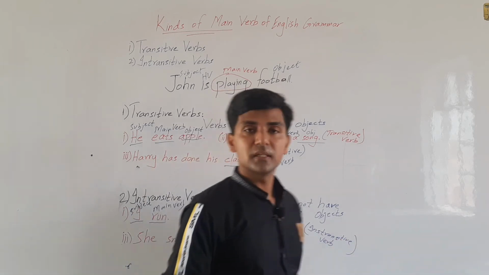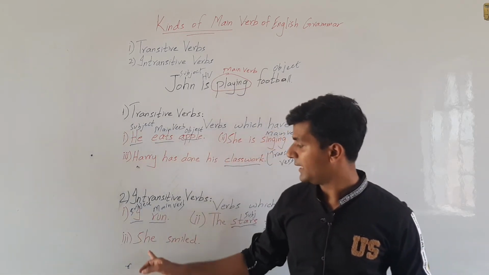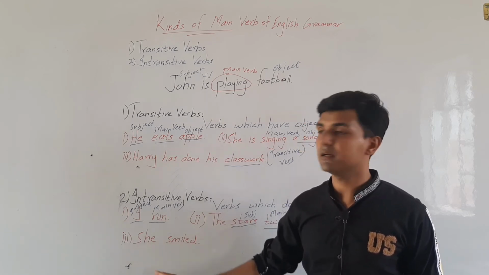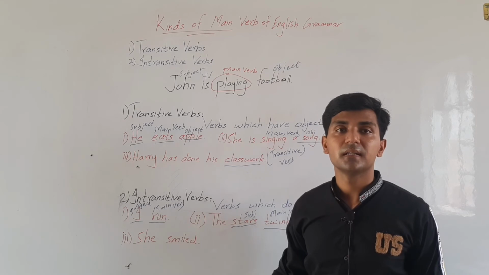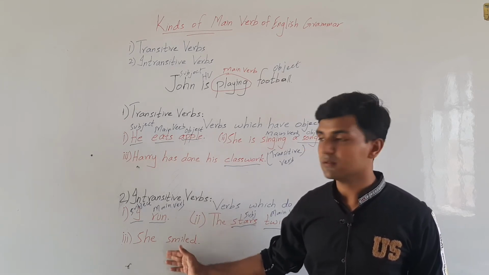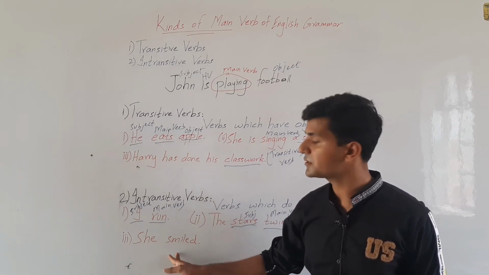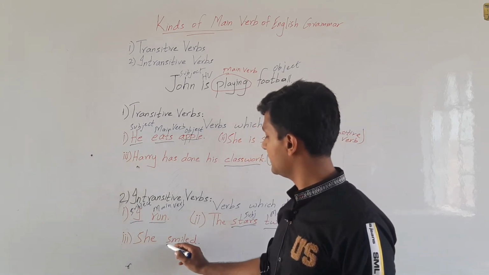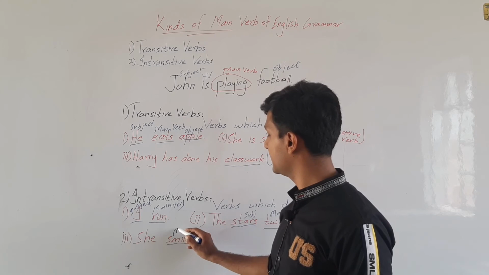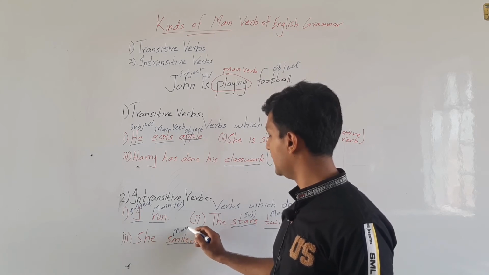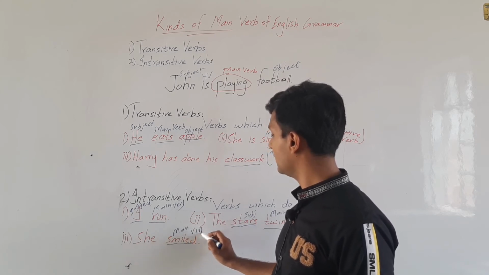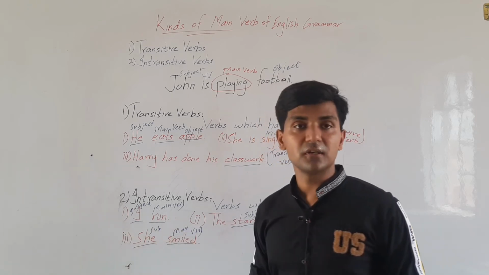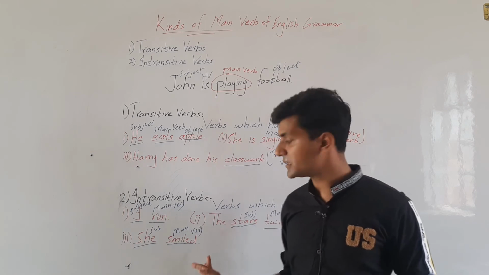Then we have another example: she smiled. She is the subject and smiled is the main verb. Dear friends, have you found an object here?